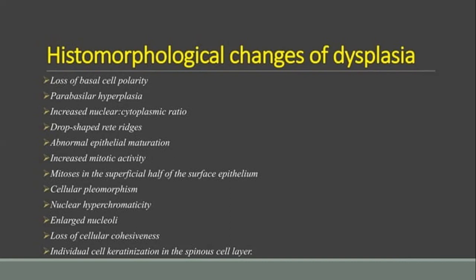The last two are loss of cellular cohesiveness and individual cell keratinization in the spinous cell layer.